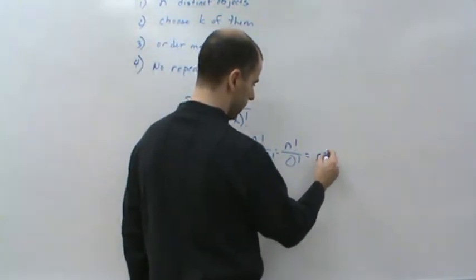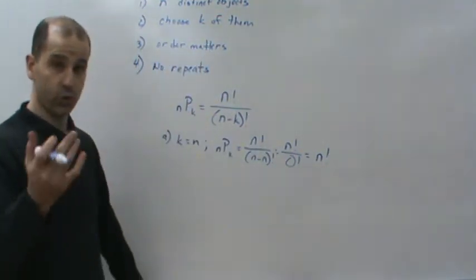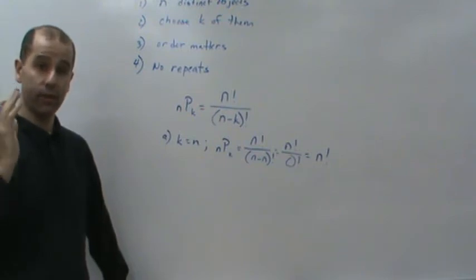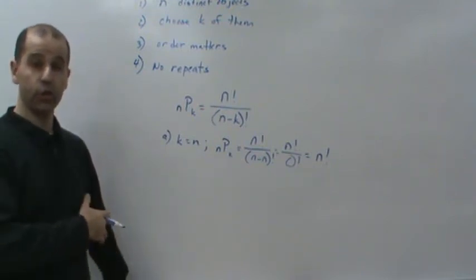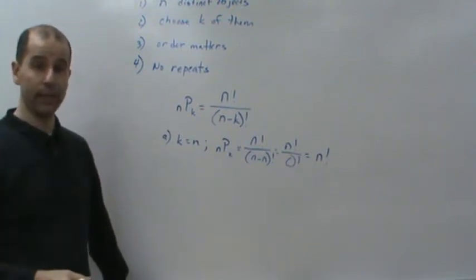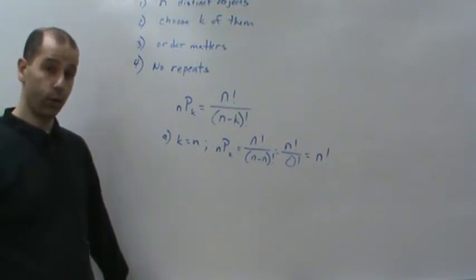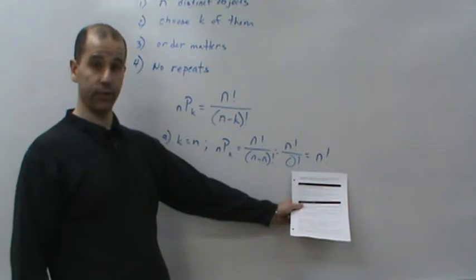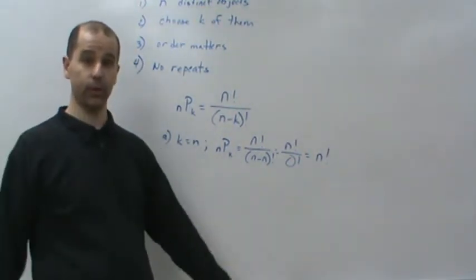So it just becomes n factorial, just like in the photograph. So anytime you want the number of permutations and you're choosing all of them, so that means how many different ways can I order all n objects, it's just a matter of doing the factorial. That's it. And using the fundamental counting principle.